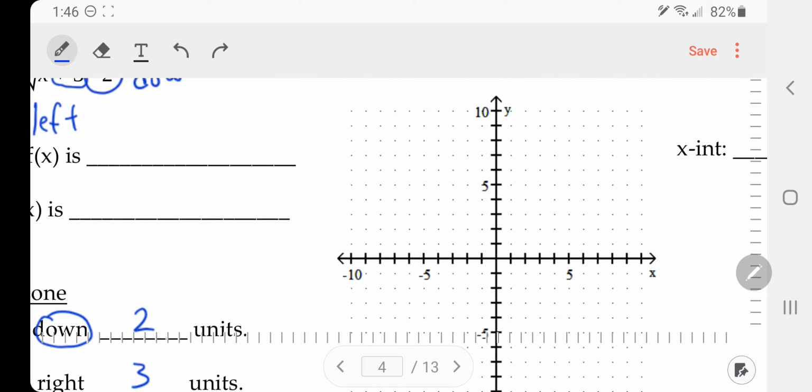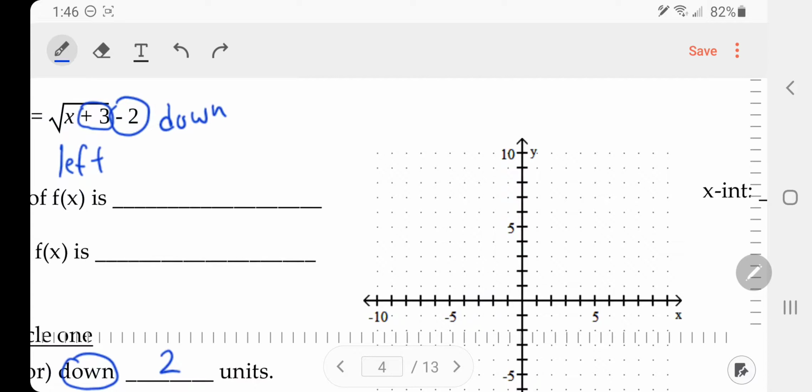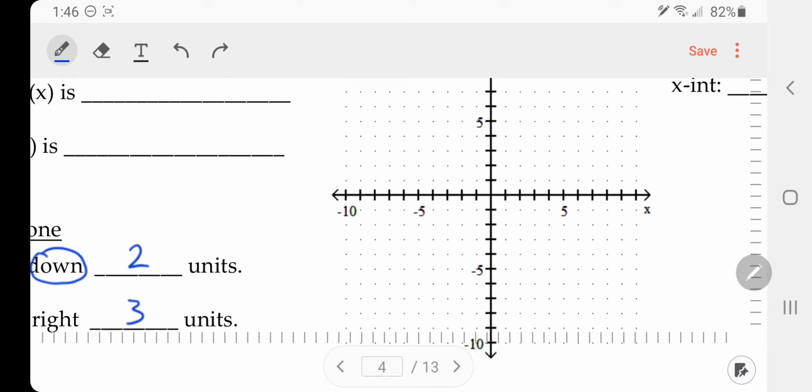But our graph is going to shift down 2, left 3. So if I go down 2 and left 3, that's going to put me right here, and that's going to swoosh up to the right, because those are the only 2 transformations. That's the graph of the function, approximately.